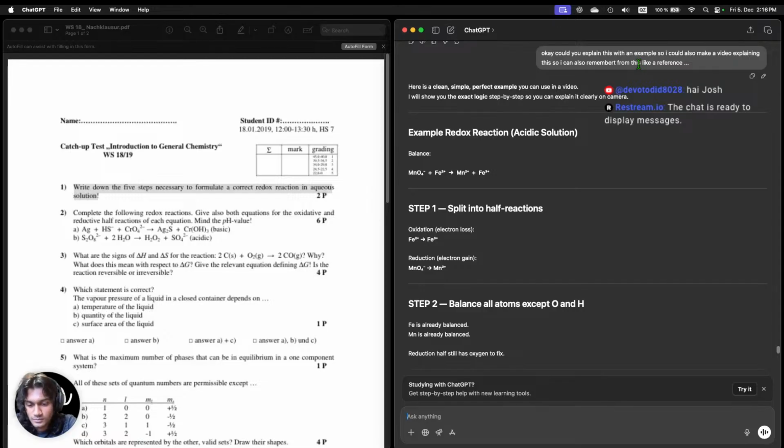Now. Focus! Hocus pocus, focus! Magnesium.